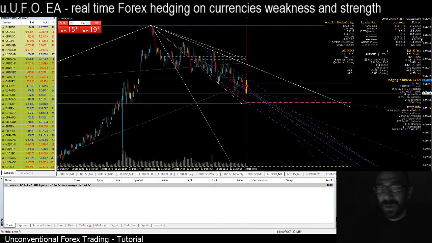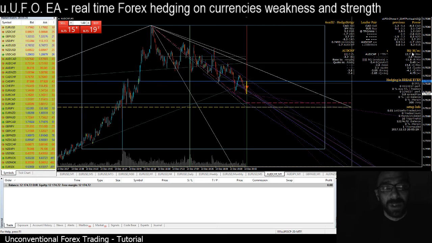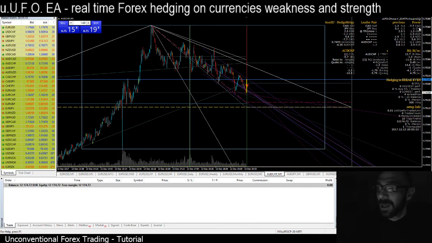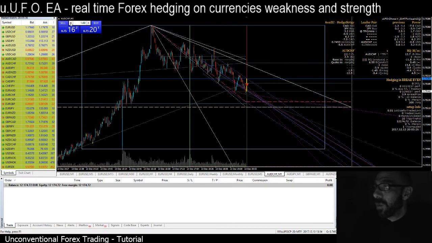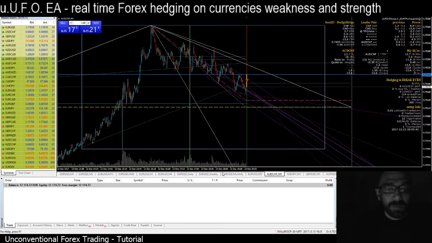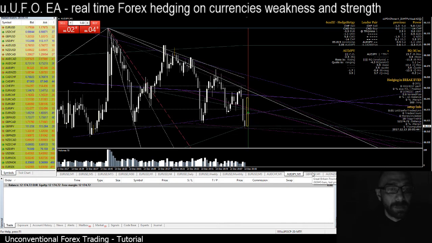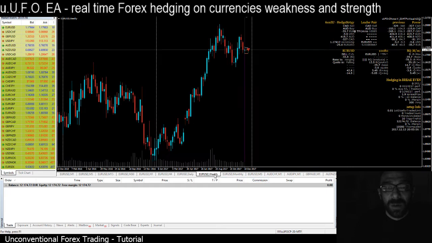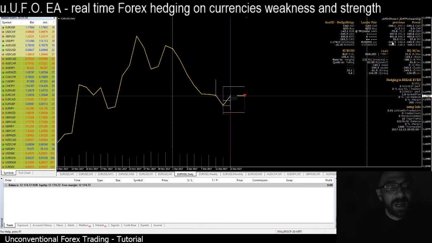We must also see a kind of correlation between currency pairs. And what we are analyzing here, for example, is what is happening in the 1 minute chart. So sometimes I hedge only 2 currencies because there are only 2 currencies well defined in this panel.